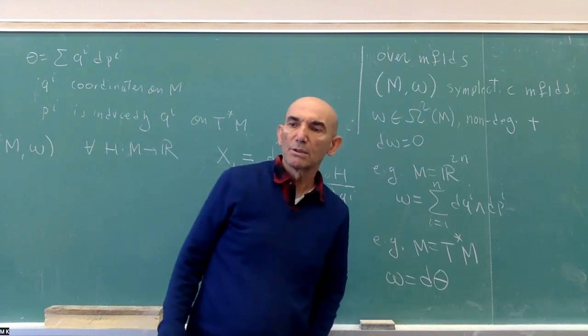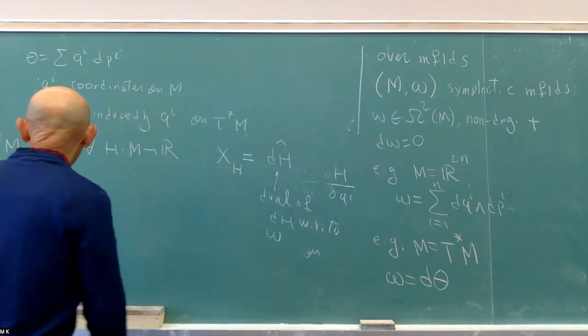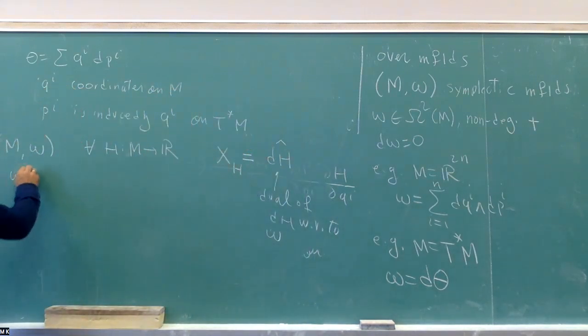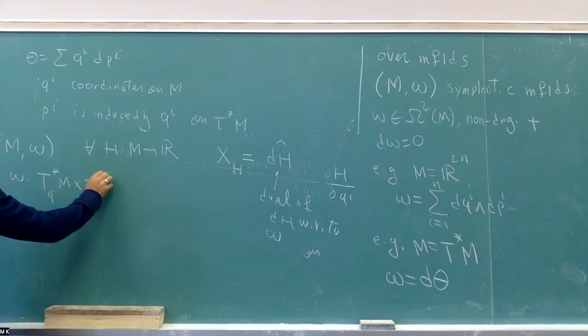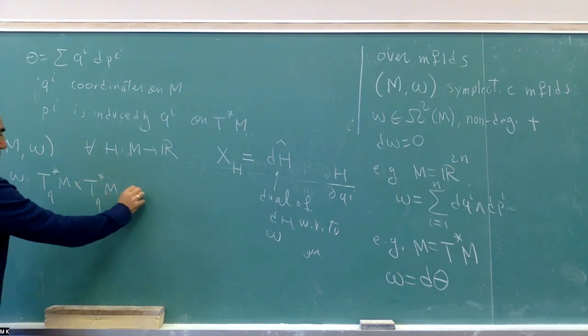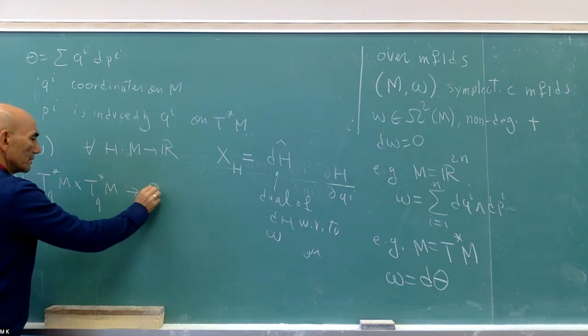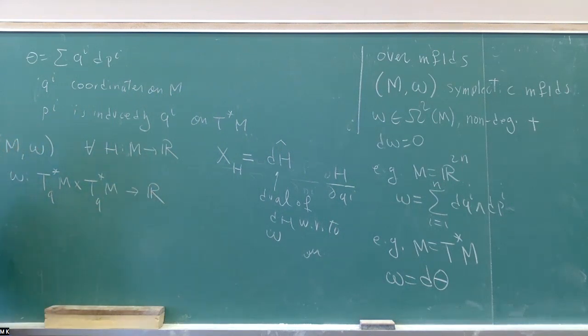So what is this dual? What is omega? Omega is a map from T*_q M plus T*_q M to R. It's a bilinear form, but it's non-degenerate. What does that mean? It means that it identifies the cotangent bundle with the tangent bundle.